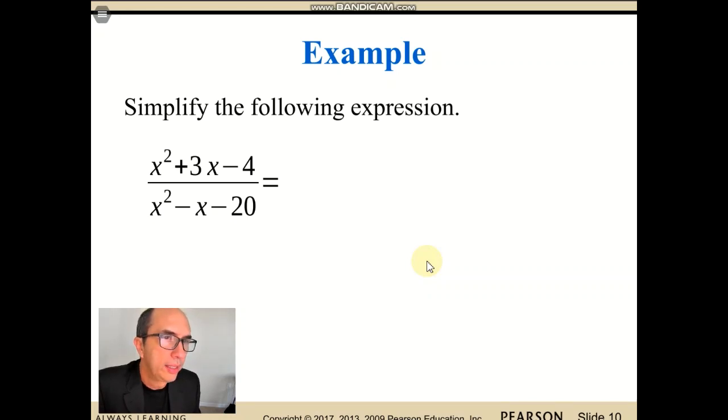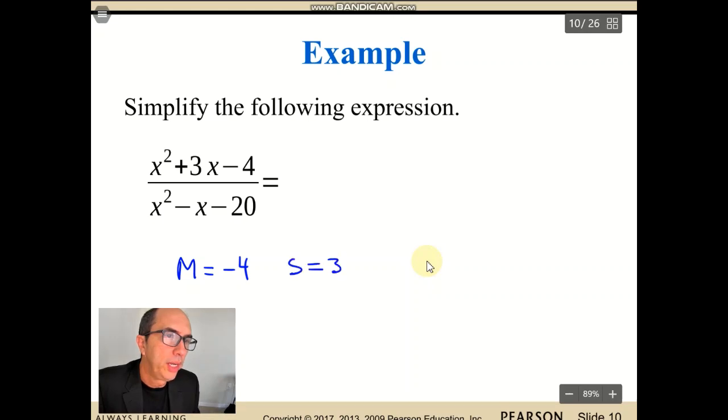How can we write the numerator as factors, a multiplication of two different factors? We have to find two numbers that multiplied equal -4 and sum to 3.